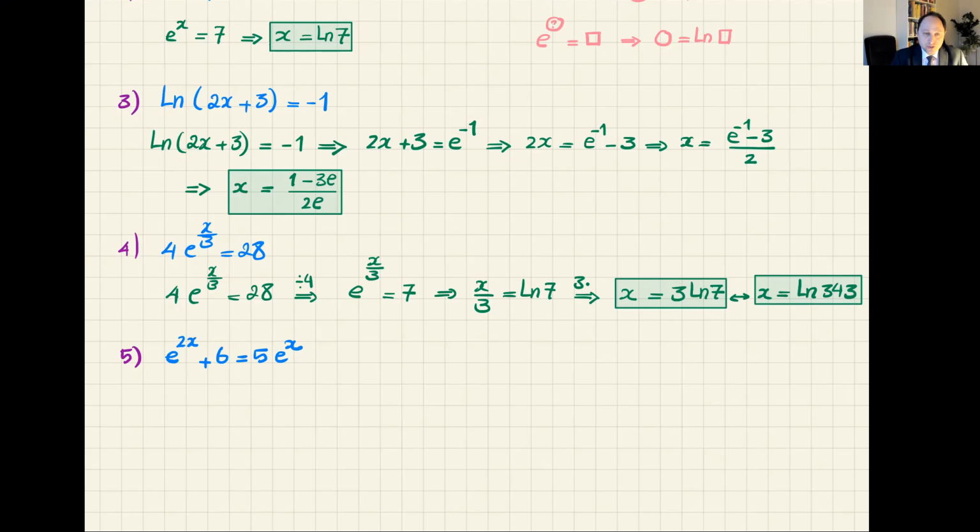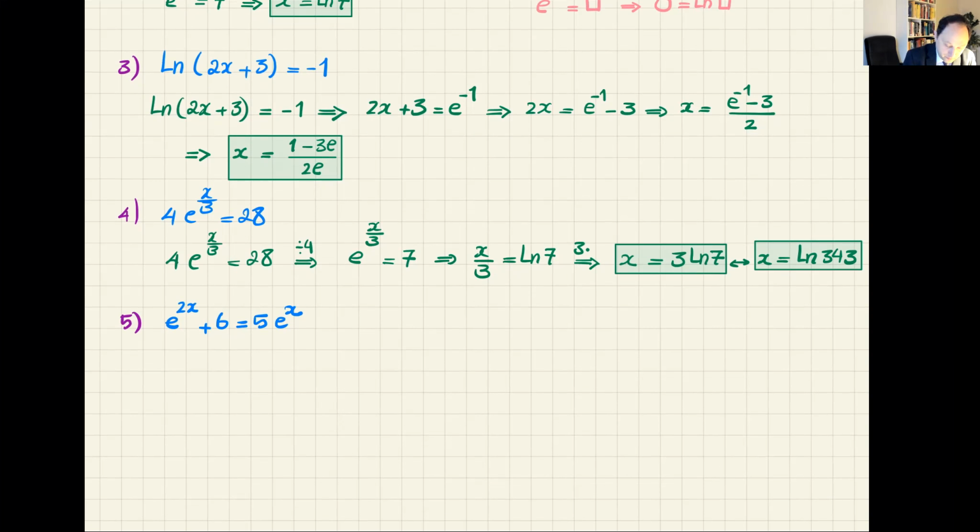So here the notion of the auxiliary variable will help you. If you remember a little bit from your previous studies, let e to power x be some variable, let us call it t. Then e to power x to power 2 becomes equal to t squared.